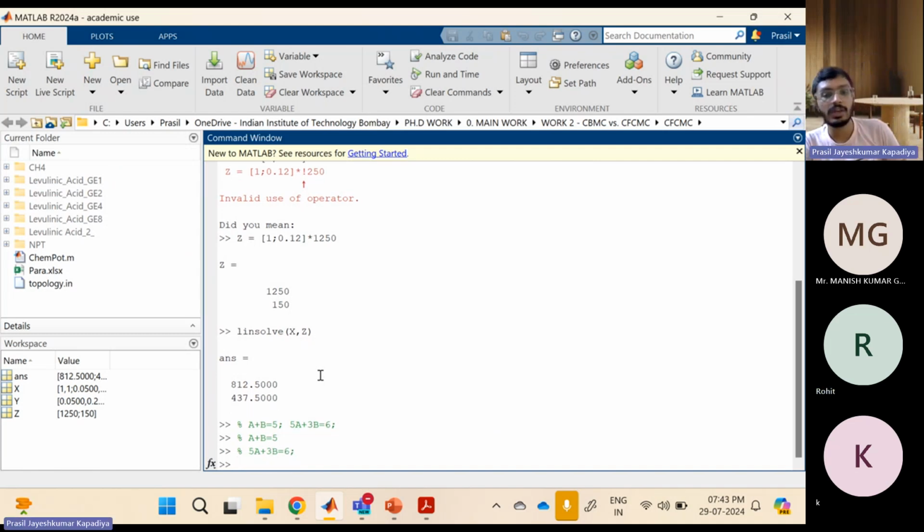Can anyone tell me how can I solve for A and B? Just forget this thing. How can I do it? I will first write my left hand side matrix. How can I write it? Sambhu, can you tell me?